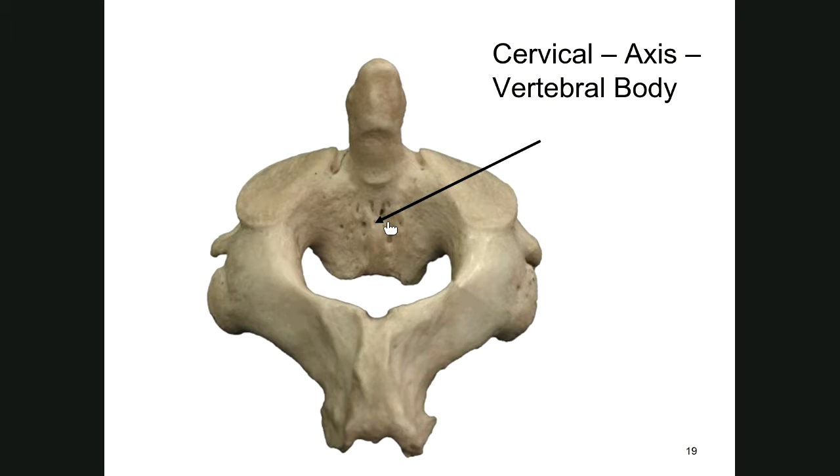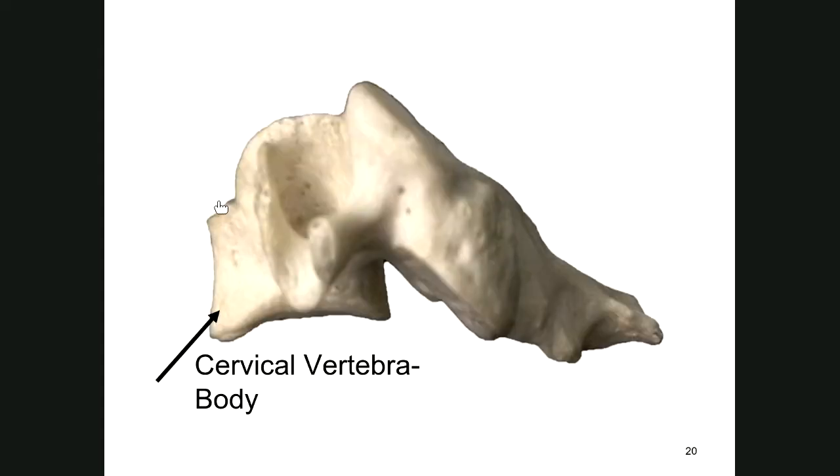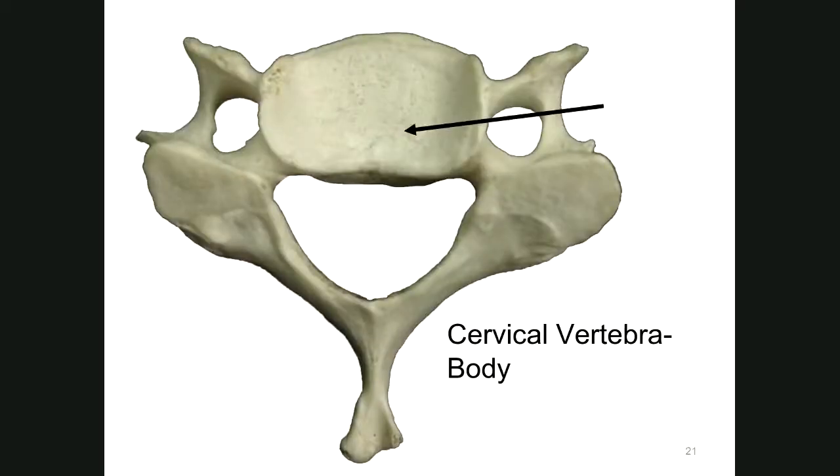Now I'm going to show you a typical cervical vertebrae from the lateral view. This is the vertebral body here and over here. The best view to show you the vertebral body, I think, is here. That's this whole structure here. That's the vertebral body.